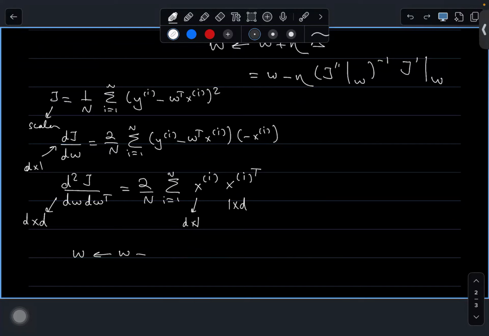The second derivative is this 2 over n, sum, inverse. The first derivative has that minus sign, minus x, so I'm going to get rid of that, put a plus here.